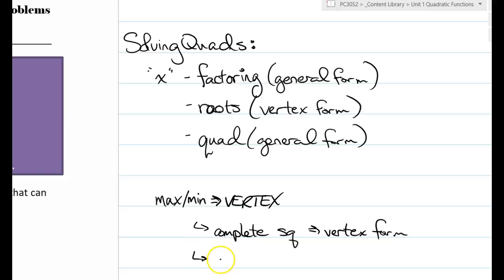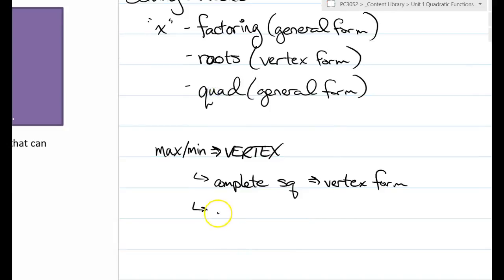Option 2 is to find your x-intercepts and take the average of them. Or you can use negative b over 2a to solve for x.